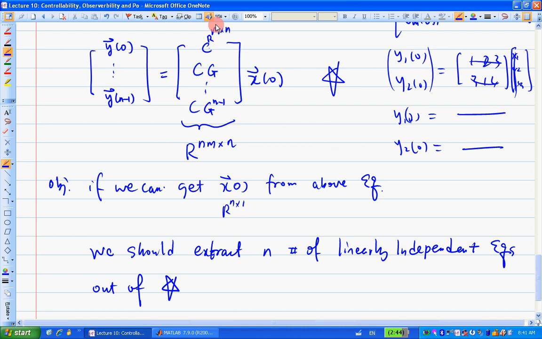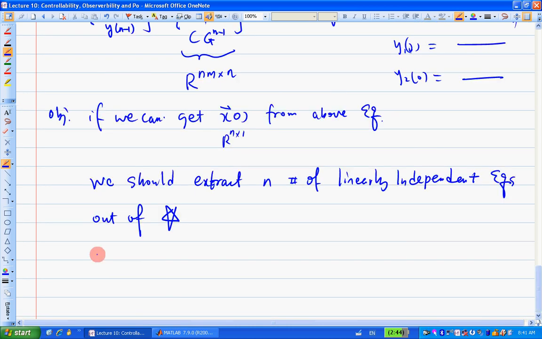That means this matrix set here has to have a rank of n. This is kind of a redundant matrix, so it has to have a rank of n.